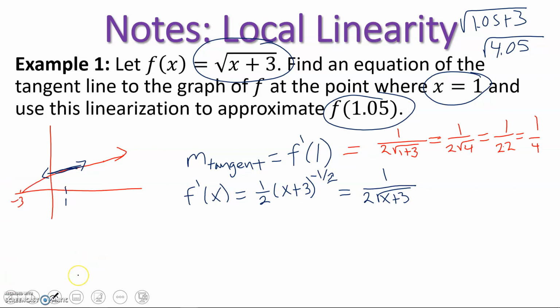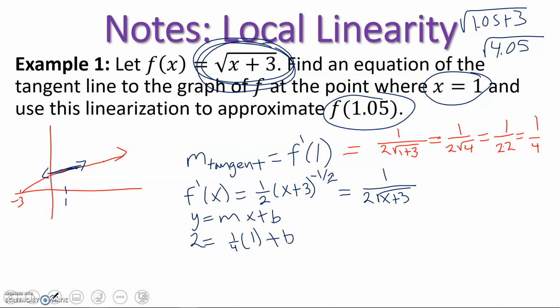Okay, so now we have our y equals mx plus b, and our x we know is 1. Our y we get by simply plugging 1 into this function. We know that 1 plus 3 is 4, square root of 4 is 2, so y is 2. m is 1/4. x is, as we said before, 1, and then plus b.